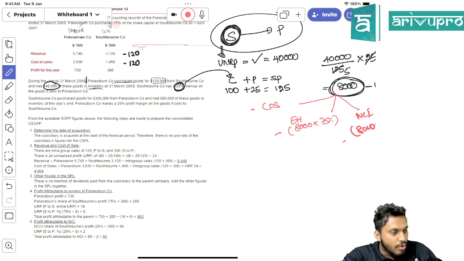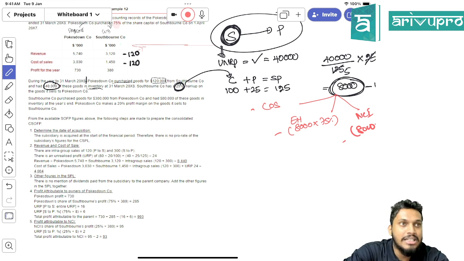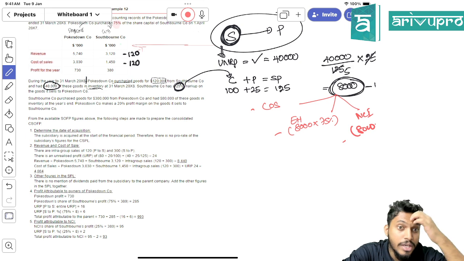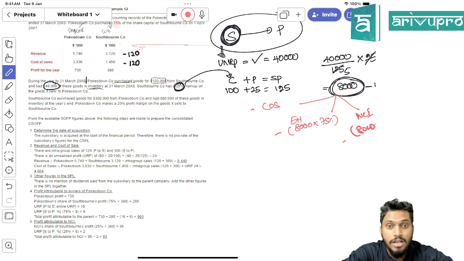If you have sold 120,000 worth of goods, it will be recorded in the revenue. Is it cash sales? They will record it. Is it credit sales? They will record it. So here you are not looking at receivables and payables, because it is not your balance sheet, it is your P&L.